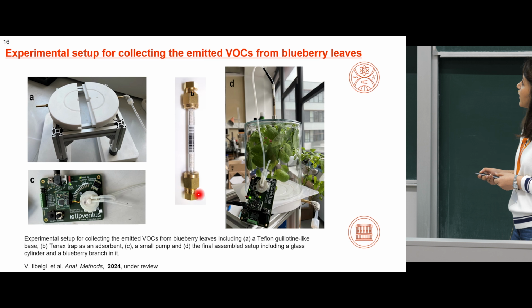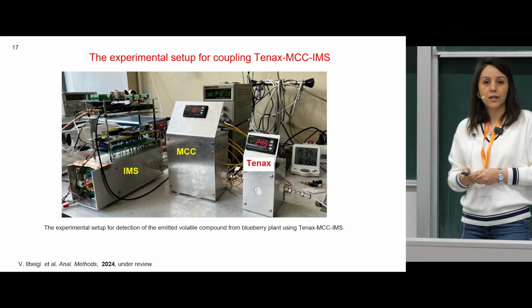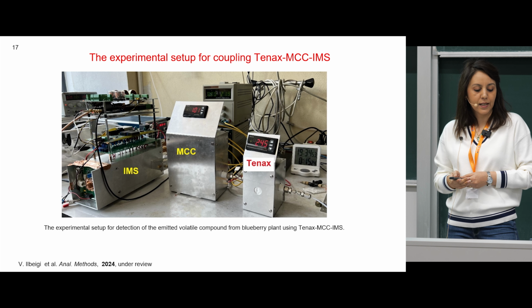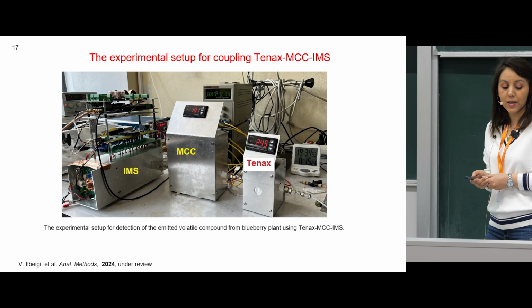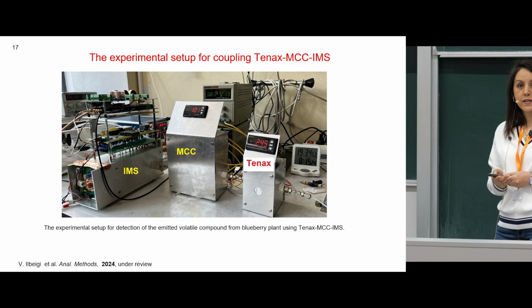After collecting the sample, the Tenax trap was transferred to a heater for desorption, and then the sample enters the MCC for separation, and finally enters the IMS for ionization and detection.